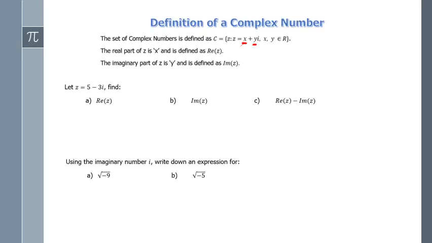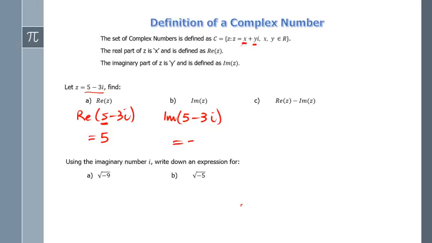So if I wanted the real part of 5 minus 3i, the real part of 5 minus 3i, the only part that I want is this part, because I don't want the imaginary part. So the real part of 5 minus 3i is just 5. If I want the imaginary part of z, I want the imaginary part of 5 minus 3i.